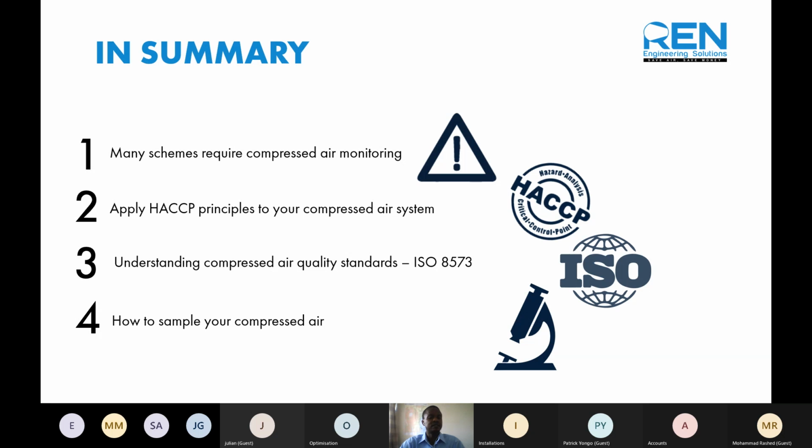We've also looked at some of the air quality standards and regulations that guide the quality of compressed air. We've also looked at how you can sample your compressed air and how we can partner with you to ensure that the quality of compressed air that comes into your products is of the right quality.